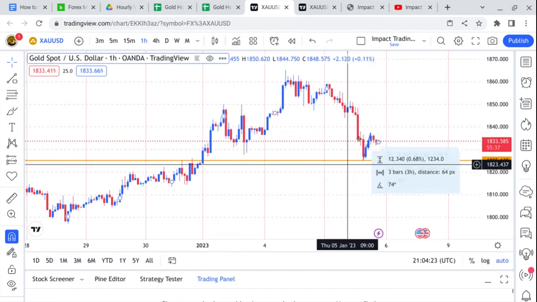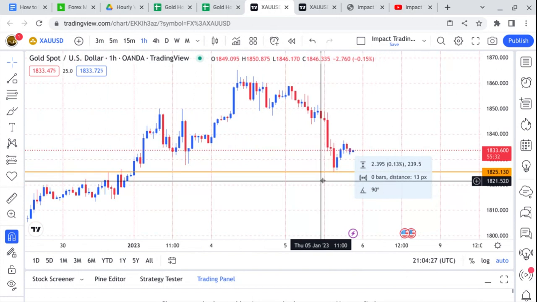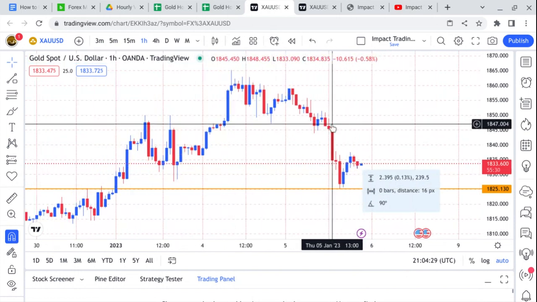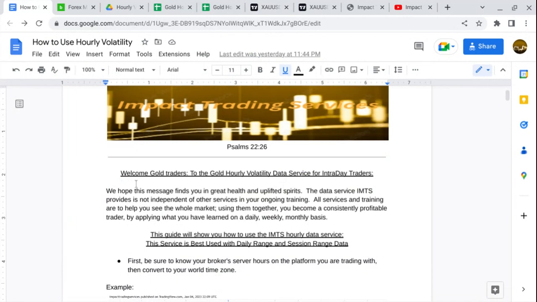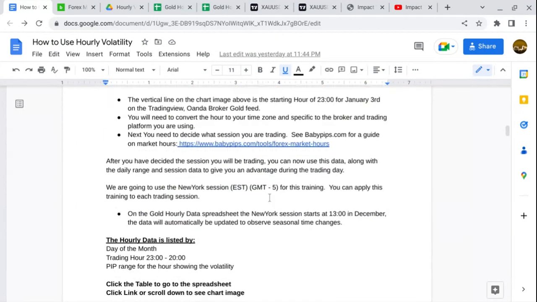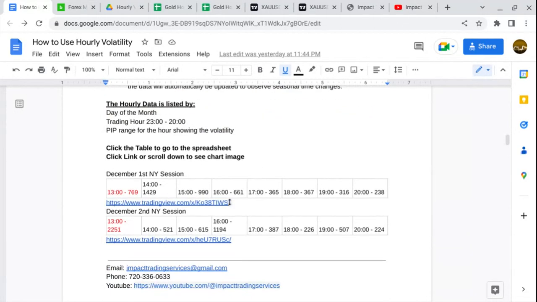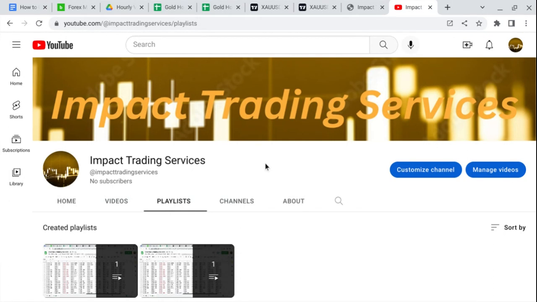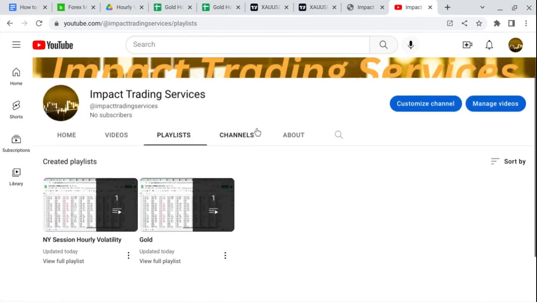All right. So what we'll do is go to how you use this in the live trading session. Well, first you want to go to the guide. Remember to review the guide, do everything that the guide says to do, and then click the spreadsheet. If you go to the Google page, you'll look at the playlist for Impact Trading Services.